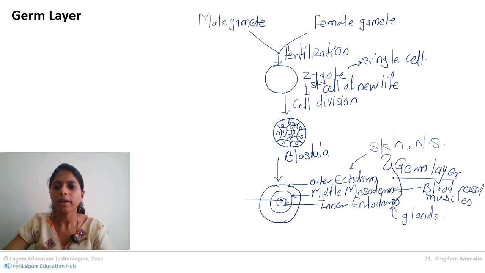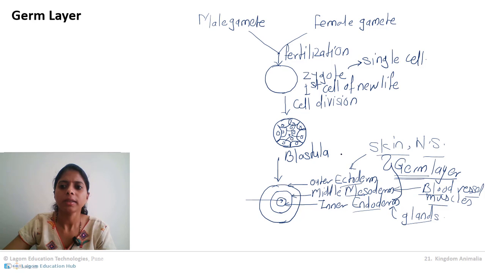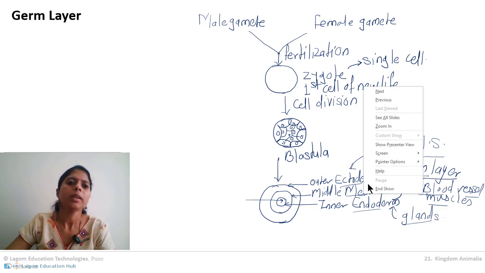So likewise, different systems and different organs in our body originate from ectoderm, mesoderm, and endoderm, nothing but germ layers. So germ layers are these three layers: ectoderm, outermost; mesoderm, the middle one; and endoderm, the inner one.